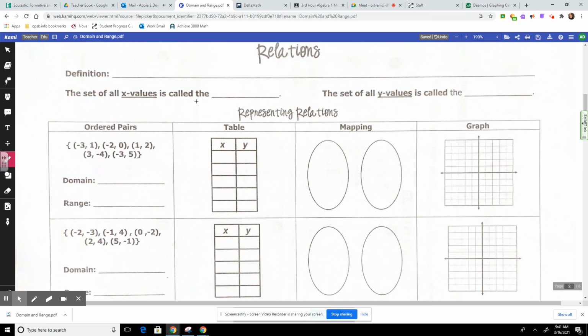Okay, relations. What is the definition of a relation? You've already been given the definition of a relation in your book at the beginning of the year, but a relation is just simply a set of ordered pairs.